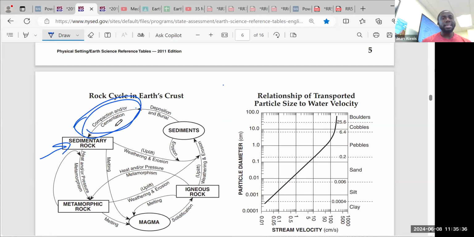So that is a process that sedimentary rocks go through. That is correct. If you wanted to include deposition and burial as part of your answers, that is fine as well too.